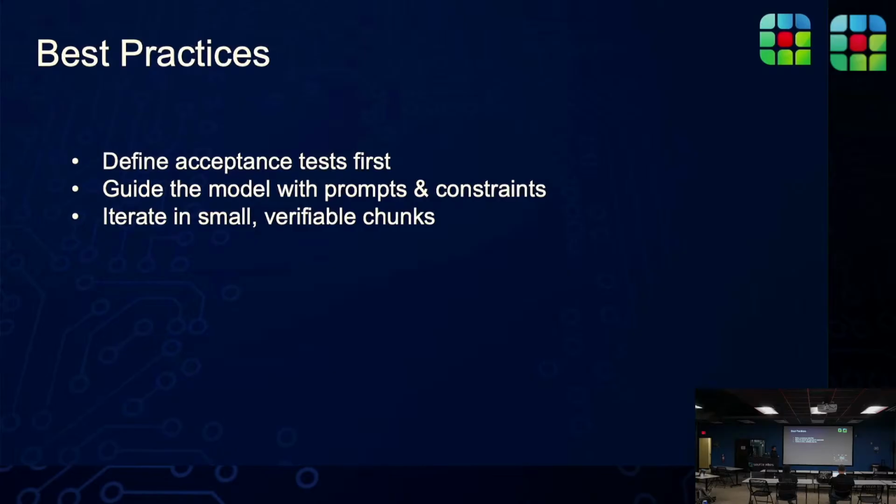So, one of the things that I think really helped me a lot with this is I had a really good set of acceptance tests. When I first wrote this project in TypeScript, I was really trying to learn test-driven development. So I had a very extensive set of tests that I could run.